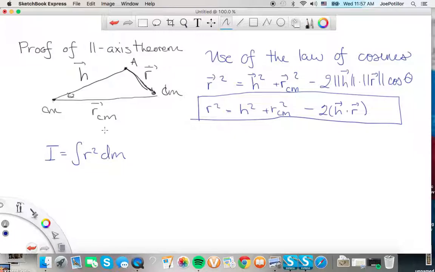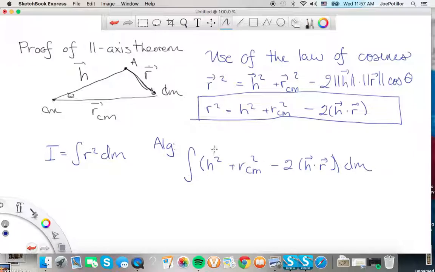I can do that by plugging this into the equation. So it becomes h squared plus rcm squared minus 2h dot r dm. So that's the algebra piece of the puzzle.